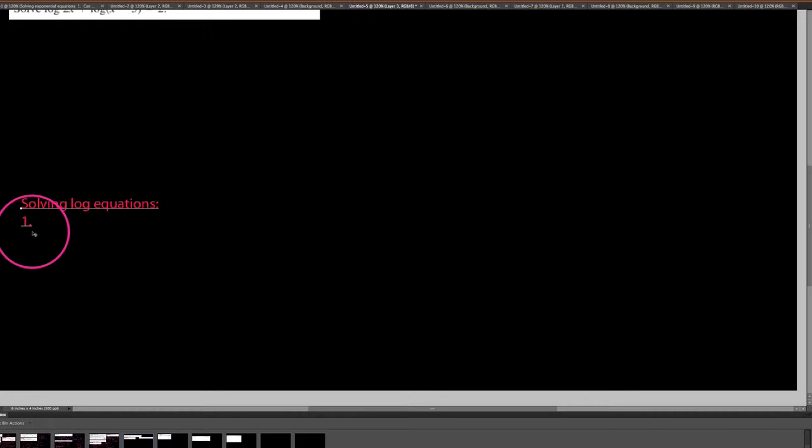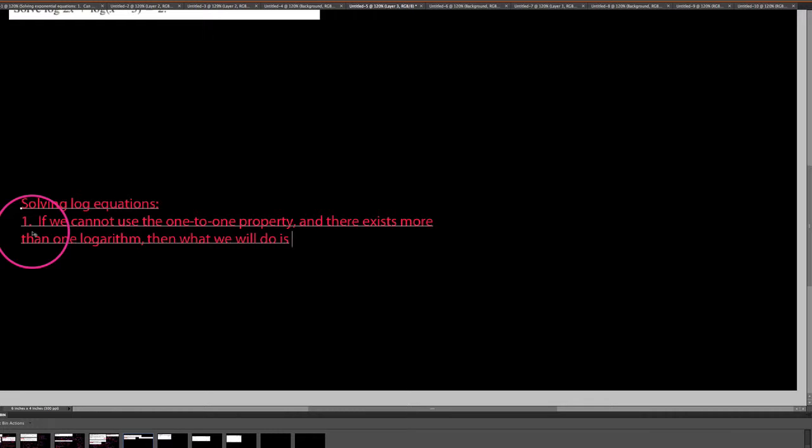Basically, the first thing we want to do is this. If we cannot use the one-to-one property, and there exists more than one logarithm, then what we will do is condense our logs using the properties of logarithms.